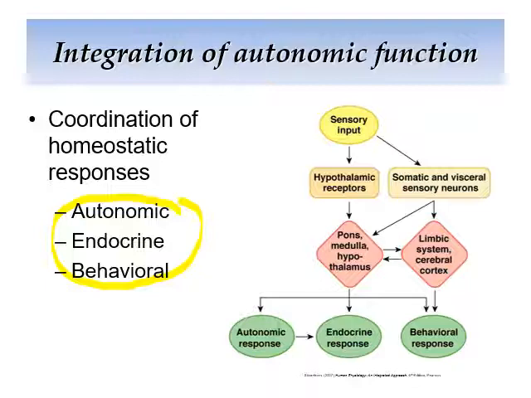Sensory information from the somatosensory and visceral receptors goes to the homeostatic control centers in the hypothalamus, pons, and medulla. These centers monitor and regulate important functions such as blood pressure, temperature control, and water balance.